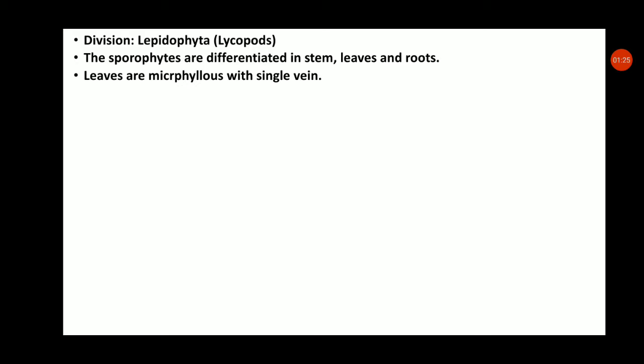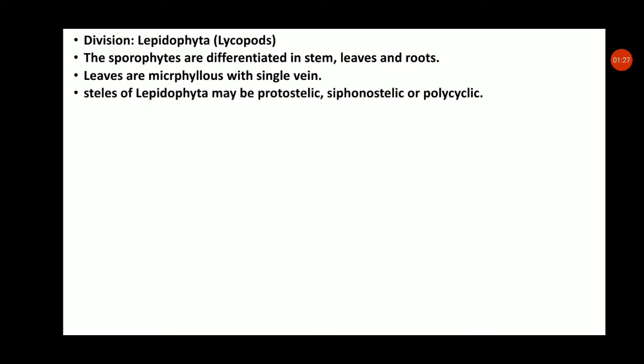Then the second important character is the steles, which relate to the vascular bundles. You know that the vascular bundle consists of xylem and phloem. These are absent in the bryophytes, but in the pteridophytes steles are present, and according to the arrangement of the xylem and phloem there are different types of steles.